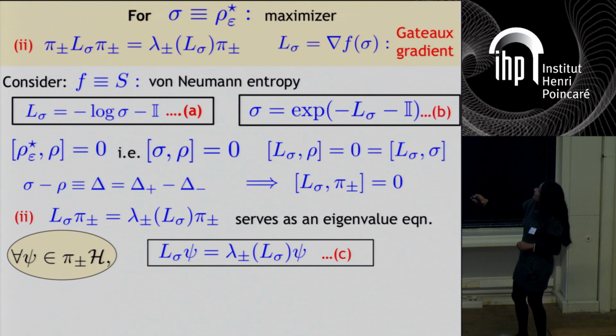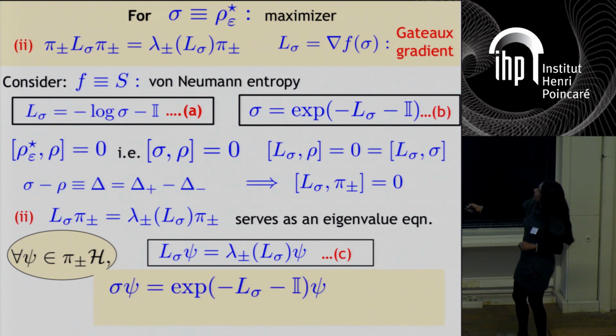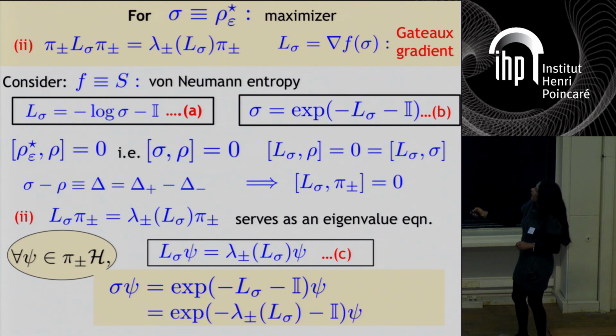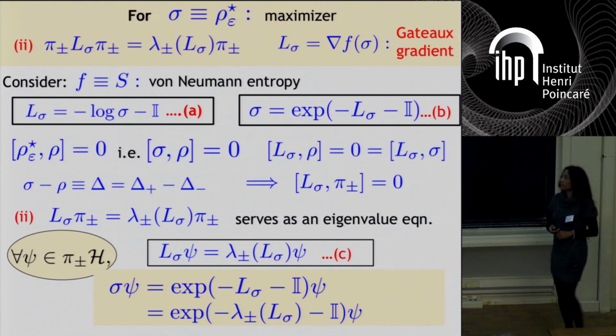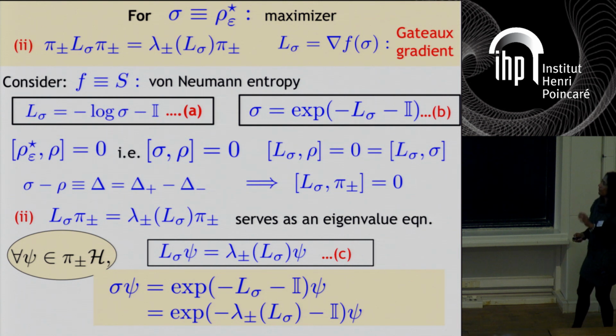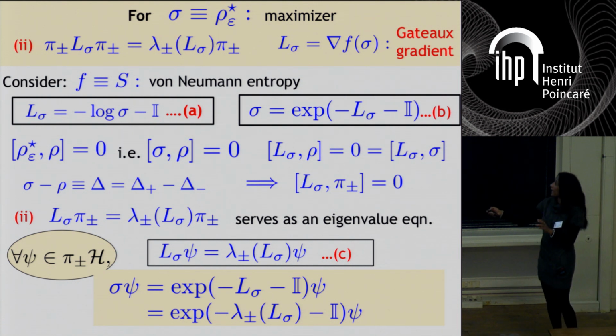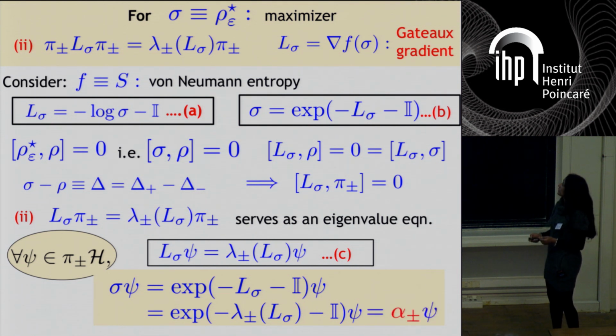And once you have that, you can use sigma. From this relation, you have sigma on psi, just substitute the relation, and then make use of this. L sigma acting on psi will be this. Okay, so what we see is that when it acts on any vector psi in the subspace of pi plus or pi minus acting on the Hilbert space, it has a constant eigenvalue, lambda plus or lambda minus.